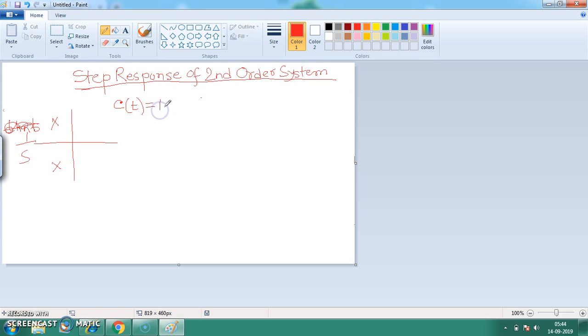One is 1 minus e to the power minus zeta omega n t upon square root of 1 minus zeta square, into zeta sine omega d t plus square root of 1 minus zeta square cos omega d t.